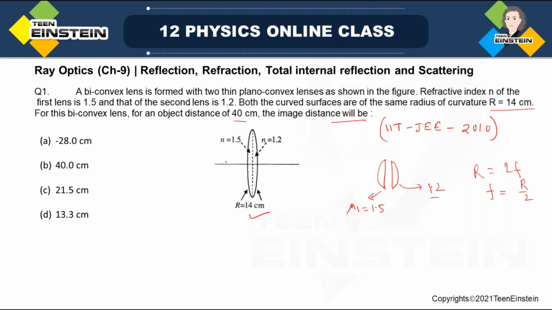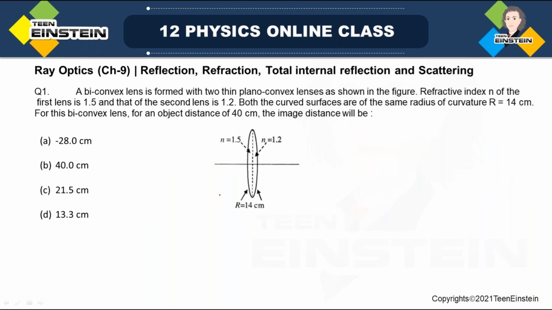Now if there is an object at 40 centimeter in front of the lens, somewhere here, suppose this is 40 centimeter, where will the image of this object form? At what distance from the lens? That is the question.